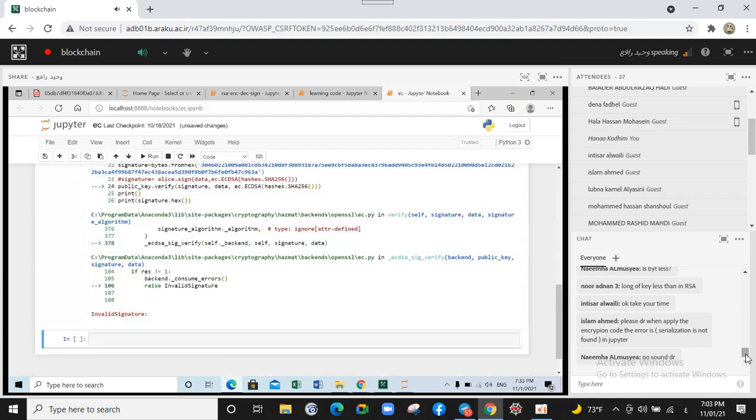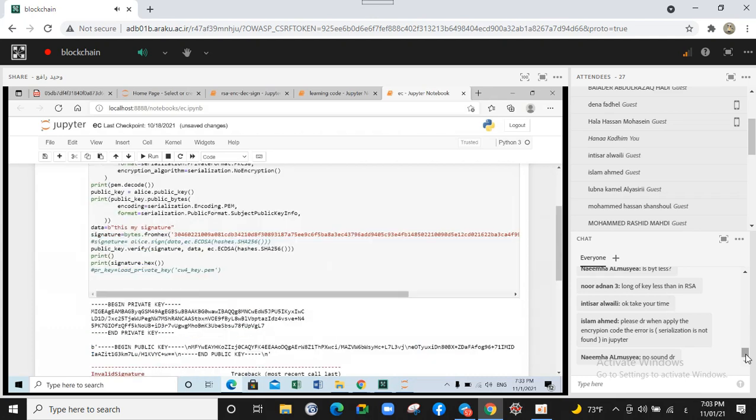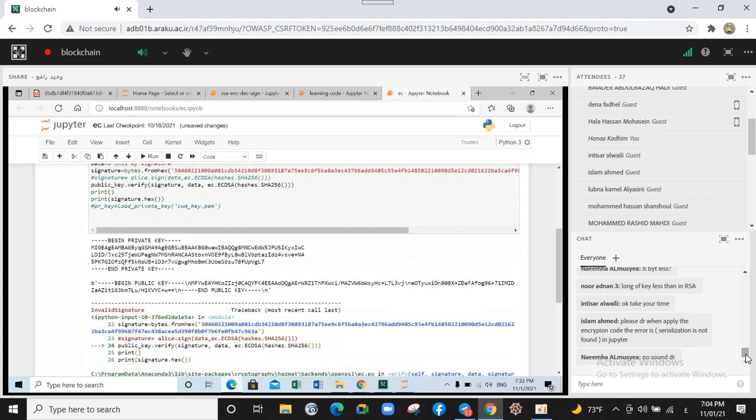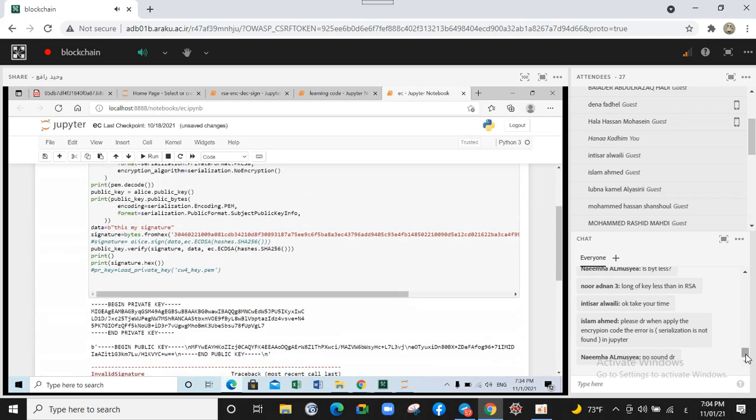Valid signature should be valid. I think public key verify signature data.